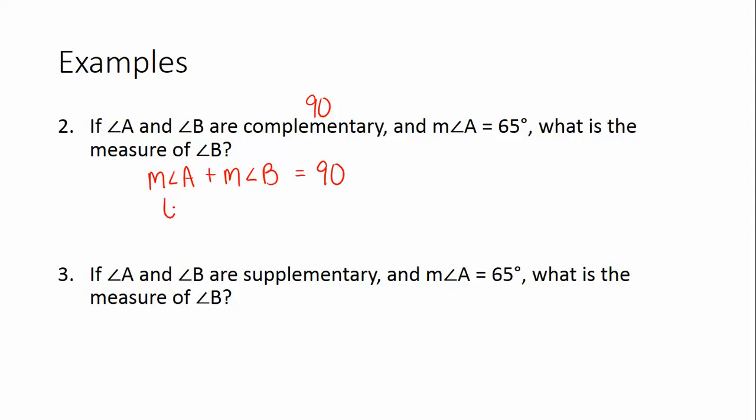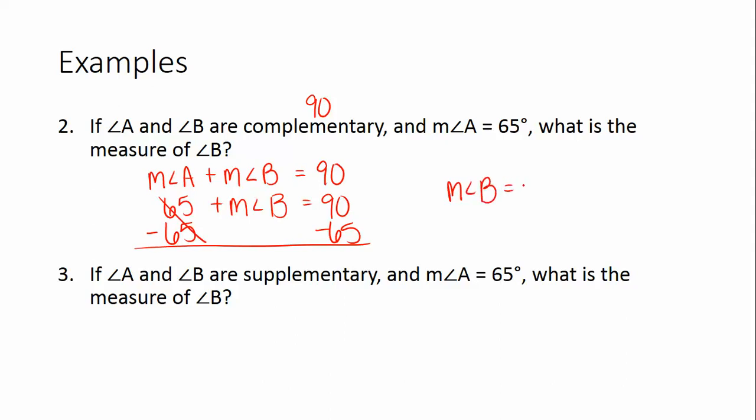Well, the measure of angle A we were told is 65. We don't know the measure of angle B. So to solve for that, we subtract 65 from both sides, and we get that the measure of angle B equals 25, or 25 degrees.